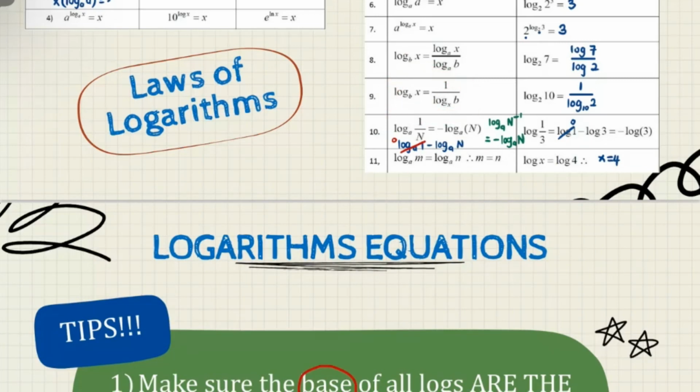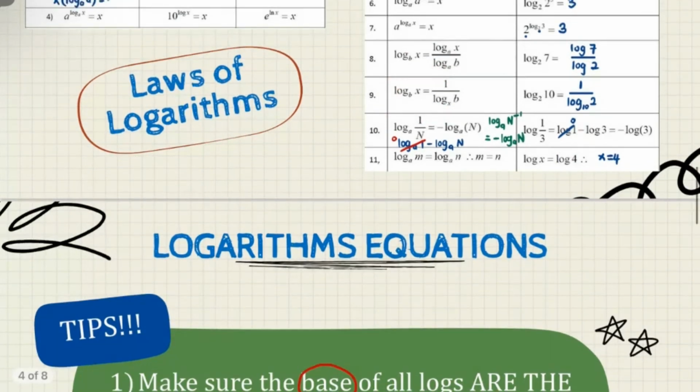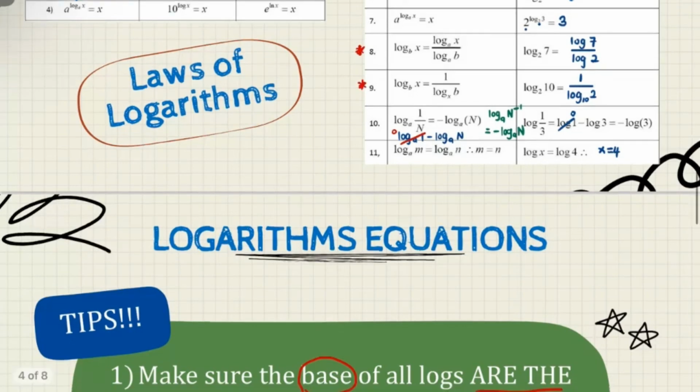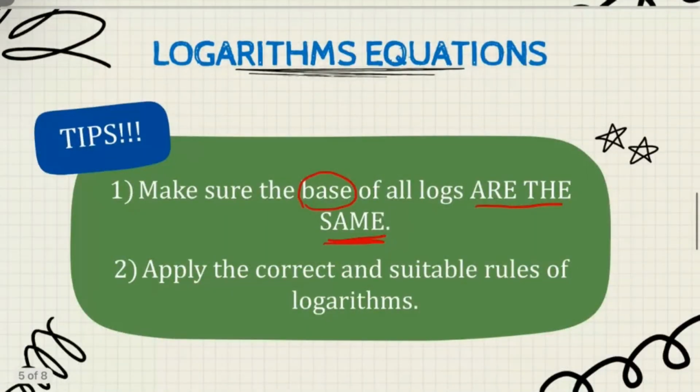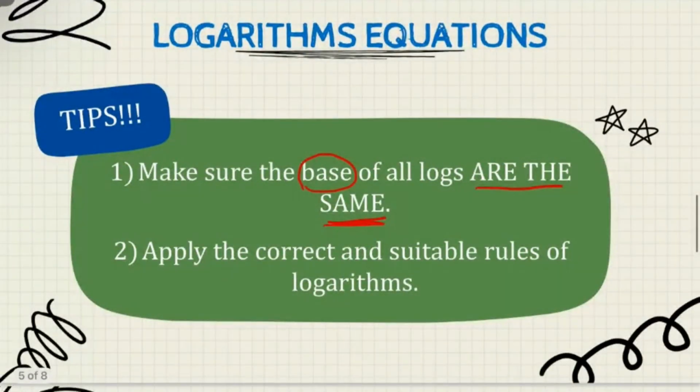Okay, so yang 8 dengan 9 ini kita akan guna untuk tukarkan base kita. And contoh bila dah dapat semua terms dalam equation tersebut menggunakan base yang sama, so then we can apply suitable ataupun the correct rules of logarithms to solve the equations.